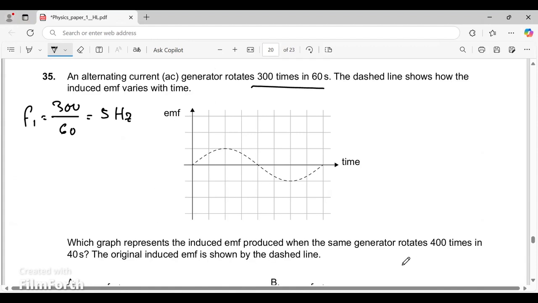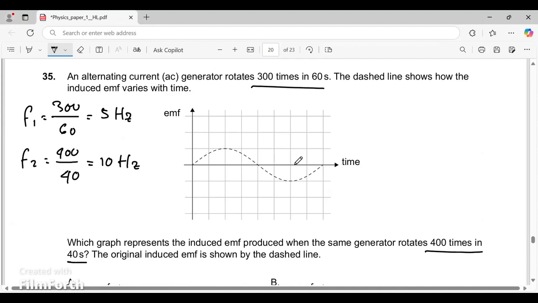And if the generator rotates 400 times in 40 seconds, the frequency is 400 divided by 40, which equals 10 hertz. So look, it goes from 5 to 10. This means the generator completes 10 cycles in 1 second.